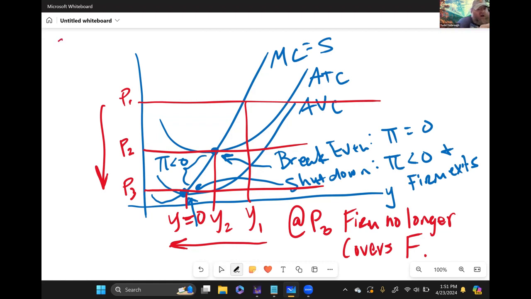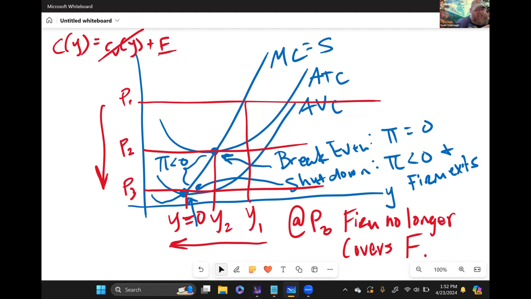So cost as a function of y is variable cost plus fixed cost. If you produce zero, you have no variable cost, but you still have to pay F. And so if producing and selling your good at a price would mean that you lose more money than negative F, which is the money you lose if you produce nothing, you should just pay F. So your profits will be negative F.